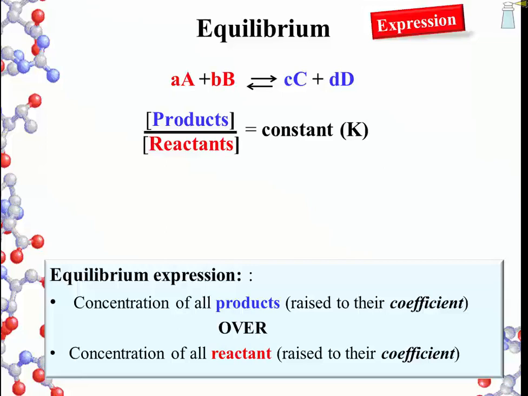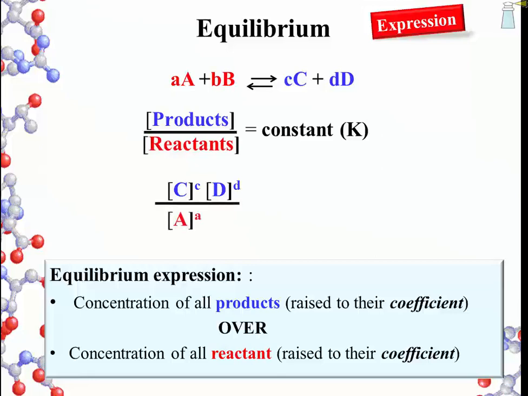Writing the equilibrium expression for this reaction begins by writing out and multiplying together the concentration of all the products raised to their coefficients. The concentration of the compound capital C raised to the power of little c times the concentration of capital D raised to the power of little d. These will be over the concentration of the reactants raised to their coefficients.